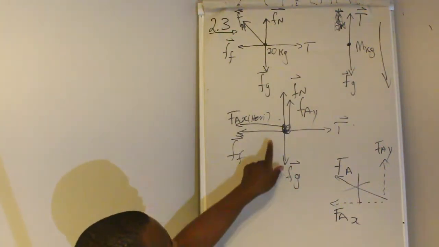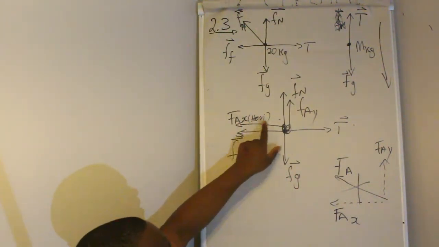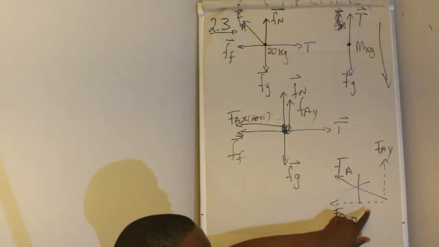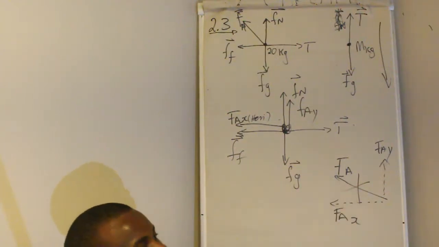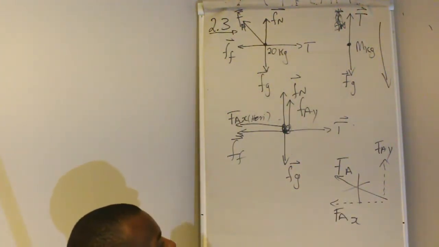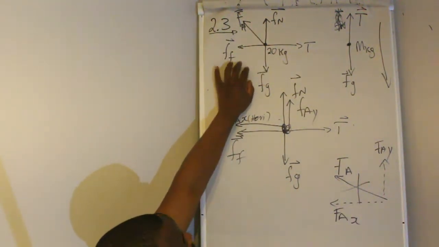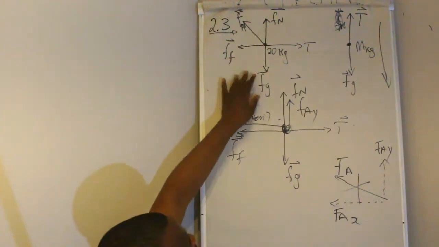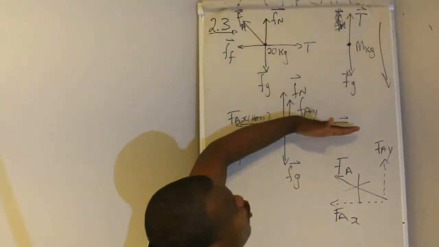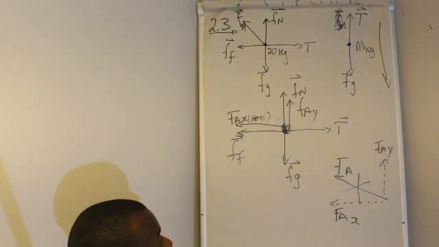So if you have drawn the components, the force applied in the x direction and the force applied in the y direction, you don't have to draw the original one. It's either you draw the components or the original. So I always advise that you draw the original at the beginning, and then when you're doing the calculation, make sure that all your forces are either parallel to the surface or perpendicular to the surface.